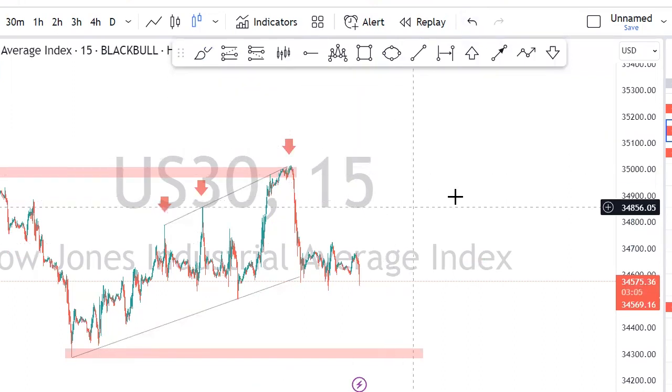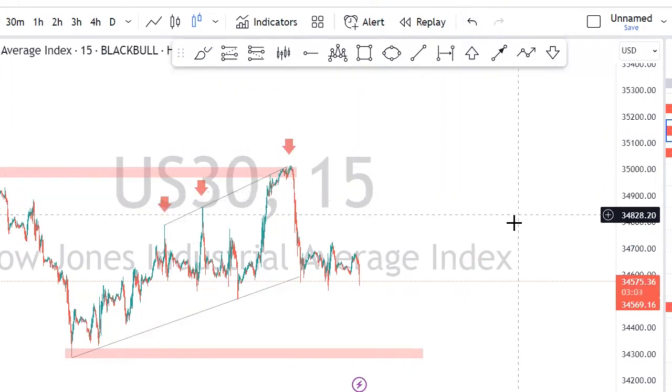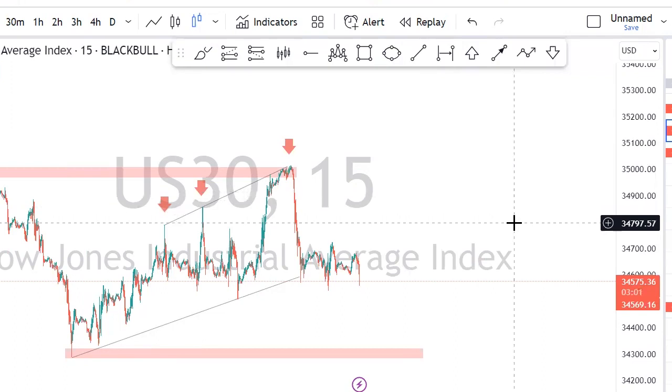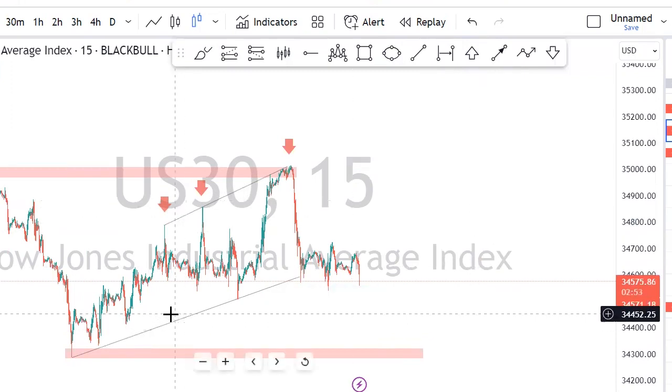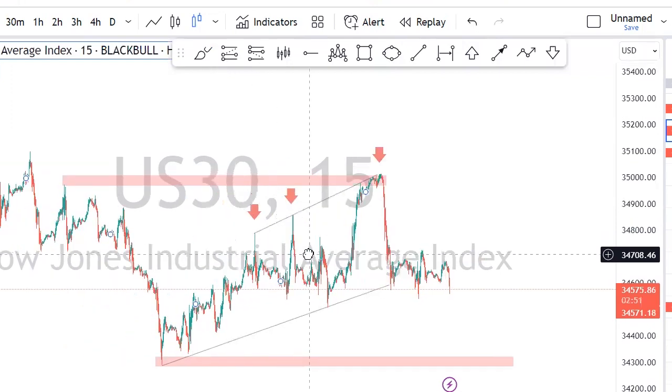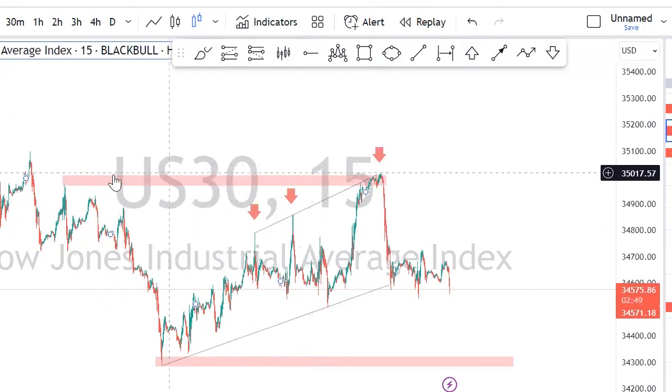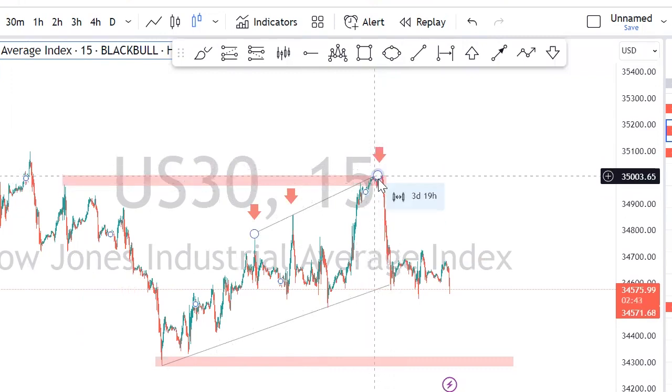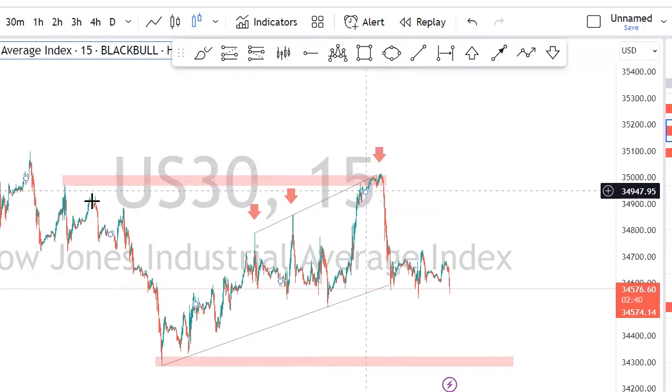And in regards to confluence, confluence means that you should have at least more than one reason to get enough confirmation. So far the confirmation that we have here is we have this resistance which is being respected right here, giving us some sort of double top.